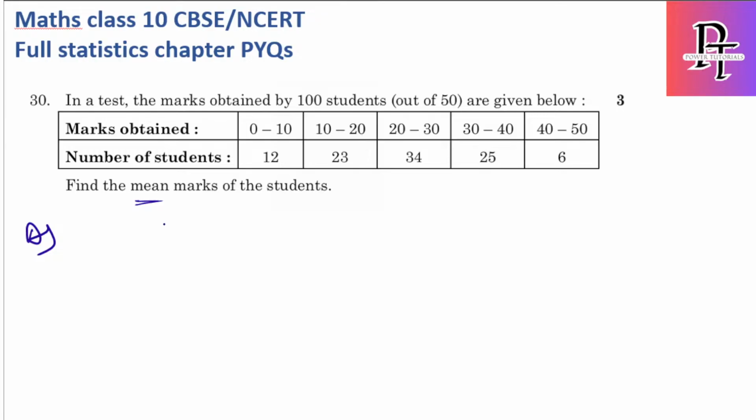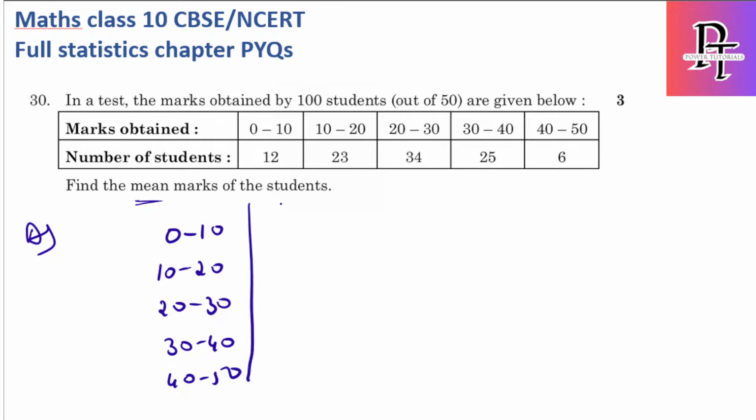So how we have to solve for mean: first you have to prepare a table. The table should be like this: class interval, which is 0 to 10, 10 to 20, 20 to 30, 30 to 40, 40 to 50. Then write xi values. Xi values are nothing but the mid values of these two.